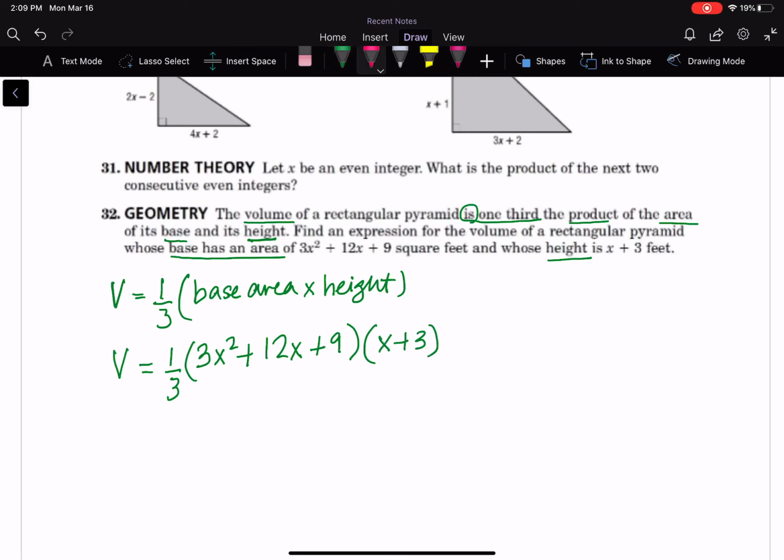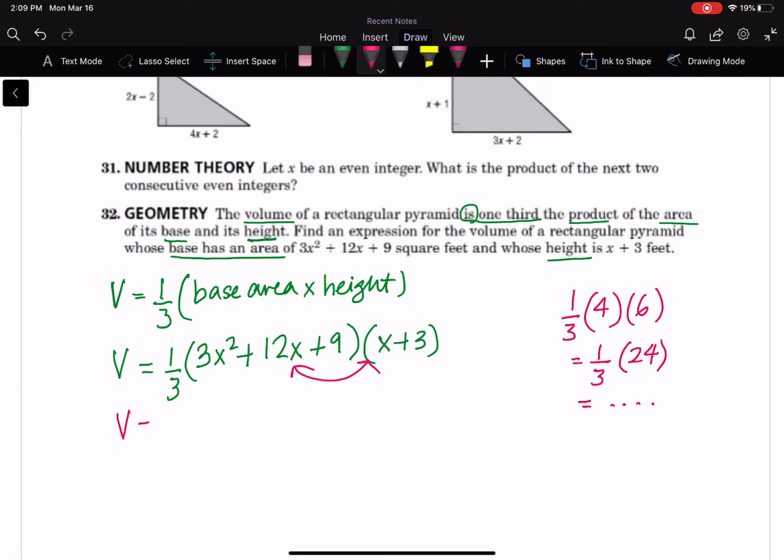Now in regular math, if you see something like 4 times 6, you can simplify it and make it 1/3 times 24 and then keep going wherever you need to go. So similarly, we're going to multiply these two parts out and it will be 1/3 of whatever you get.